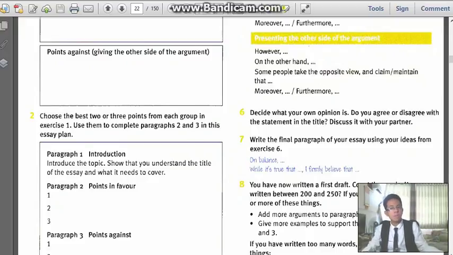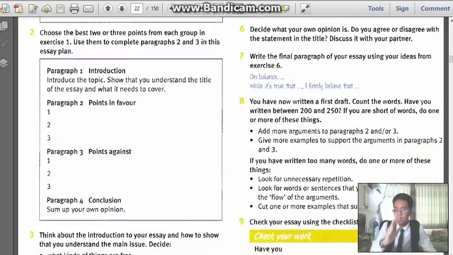Exercise number 2. Choose the best 2 or 3 points from each group in exercise number 1. Use them to complete paragraphs 2 and 3 in this essay plan. So, you have written the ideas in the box. It is the key that helps you do the essay by putting them in the essay plan. If you wrote 2 points in favor or against, just write them down.